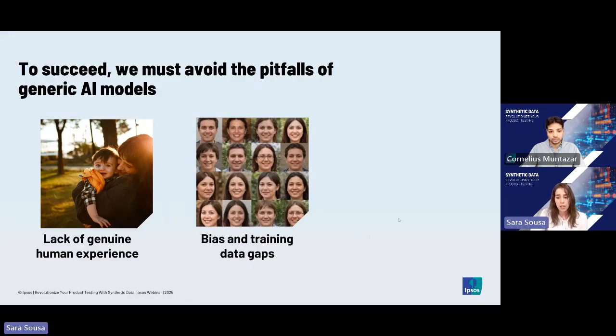Then having diverse and unbiased training data is also crucial. It's about representing the whole consumer group and not only a few of them. And this is important to avoid perpetuating or even amplifying existing societal biases that may exist in public AI tools. This avoids the risk of vanillification, as the picture here might reflect.